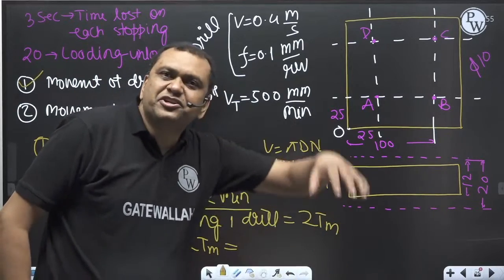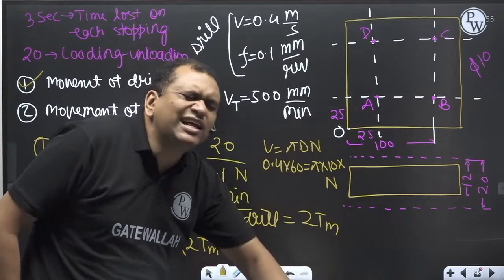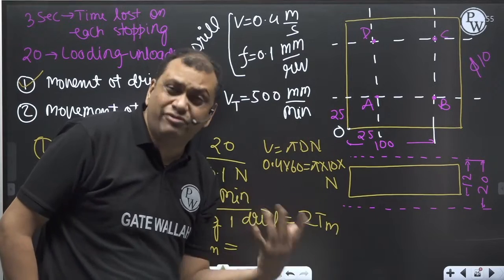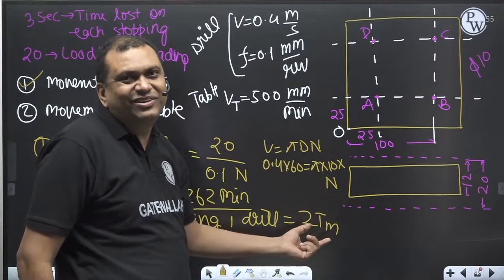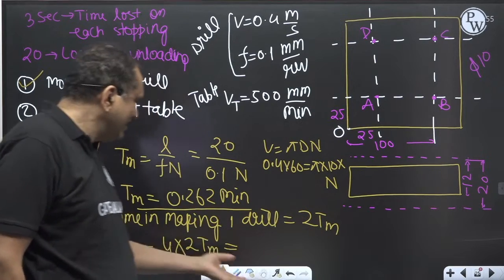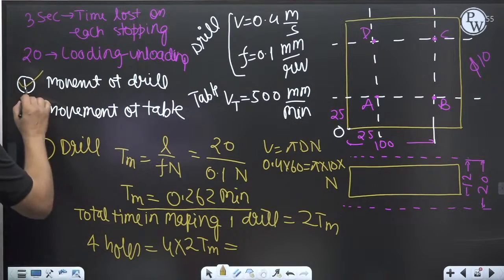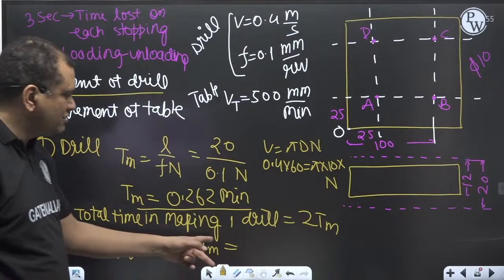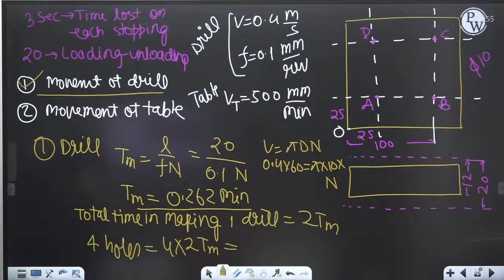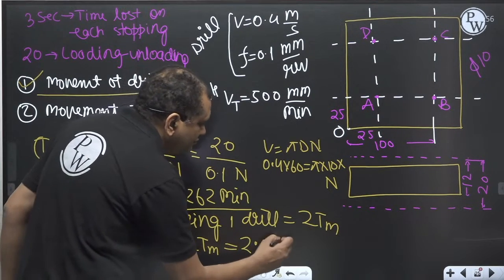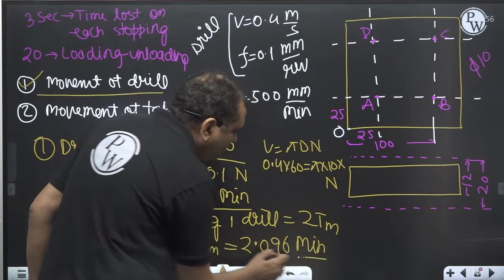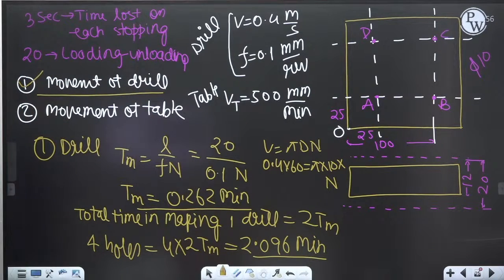Let us say retraction time is also the same. The tool is also coming back to the rapid plane with the feed. Suppose some different velocity is given, I will take that velocity. So that is the time consumed in making 4 holes, and that answer for me comes out to be 2.096 minutes. So actually you do one thing.